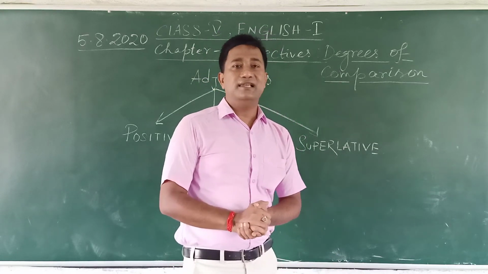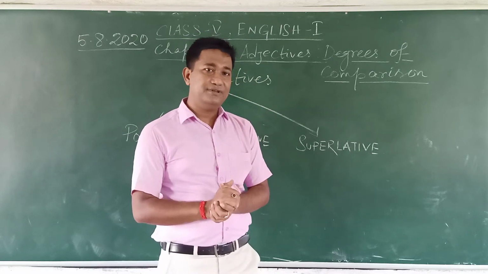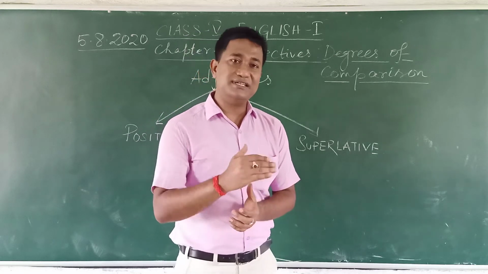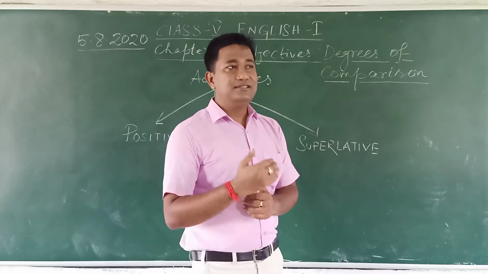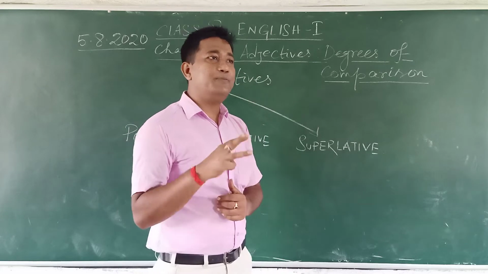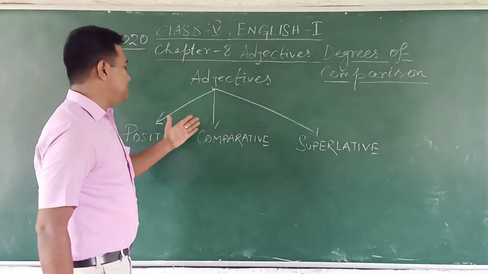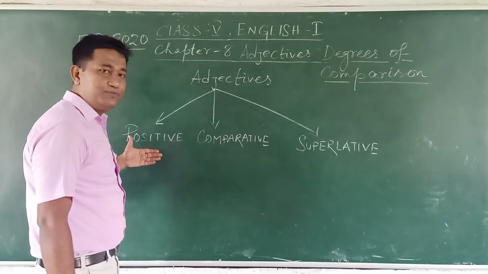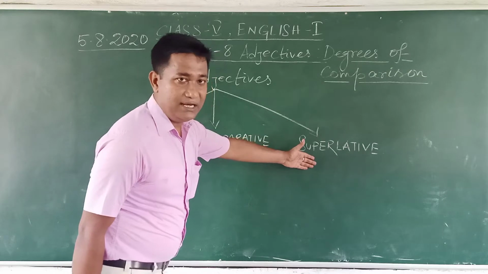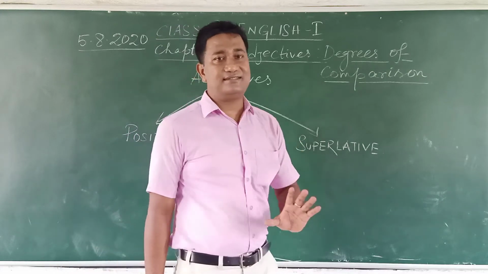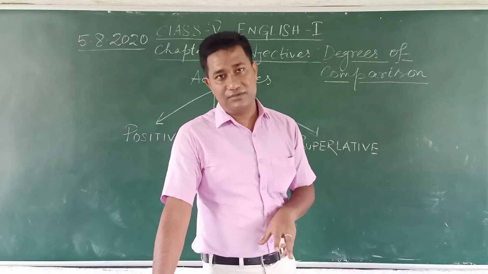So basically these degrees of comparison of an adjective are about the intensity, how much extension from one form to another it is going on, and this division is based upon 3 types. First one is positive, second one is comparative, and third one is superlative. These are very vital for your learning.